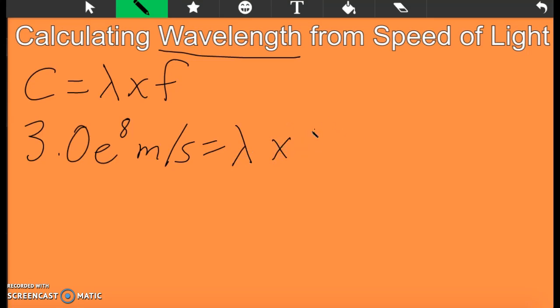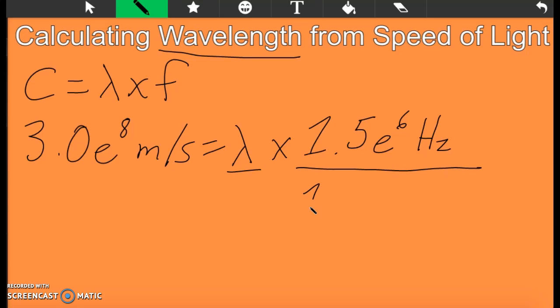And let's just make one up. 1.5 e to the 6th hertz, just to keep it simple. And then from here it becomes a simple algebra problem. So we want lambda by itself, so divide to cancel out 1.5 e to the 6th hertz.